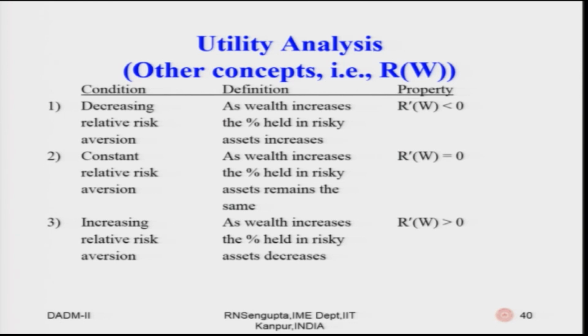If it is constant relative risk aversion property, it would mean that as wealth increases, the percentage held in risky asset or risk decisions would remain the same. So, R prime is equal to 0, and increasing relative risk aversion property would mean that as wealth increases, the percentage held in risky assets would decrease. In that case, the concept of R prime greater than 0 would be true.